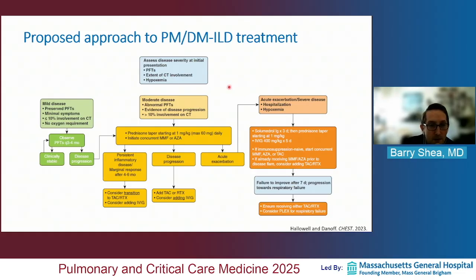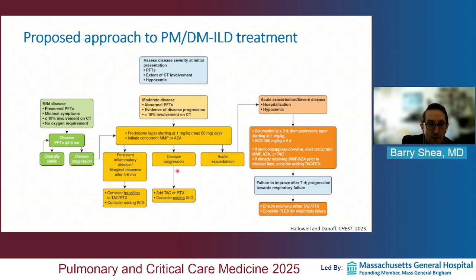This is a nice summary of a proposed approach to treatment of myositis ILD by Drs. Rob Hallowell and Sonia Danoff, published just a couple of years ago in Chest. Again, patients with mild disease with preserved lung function perhaps can be just observed.